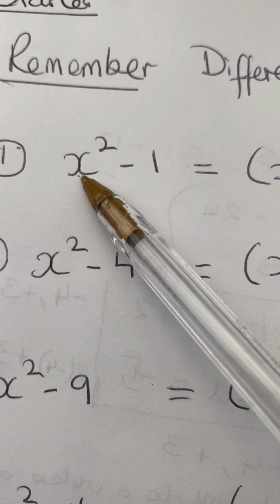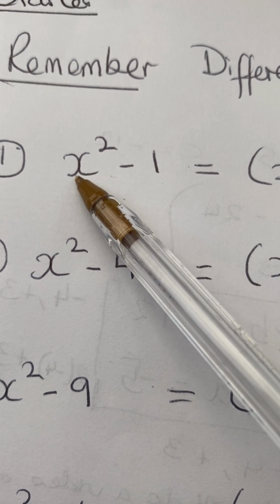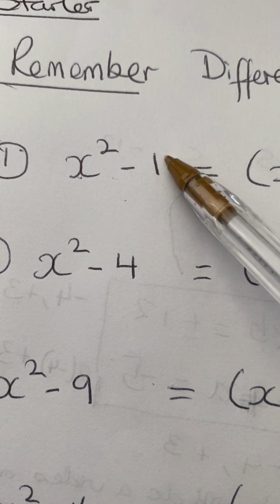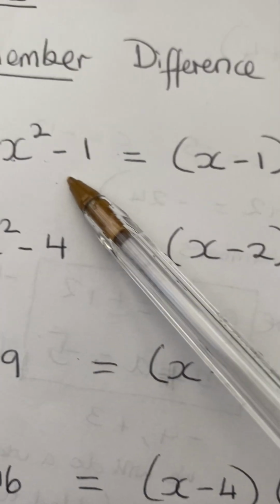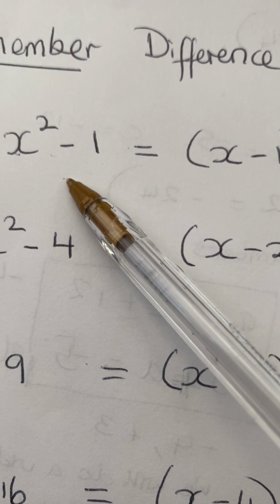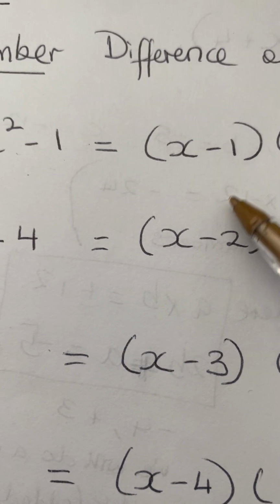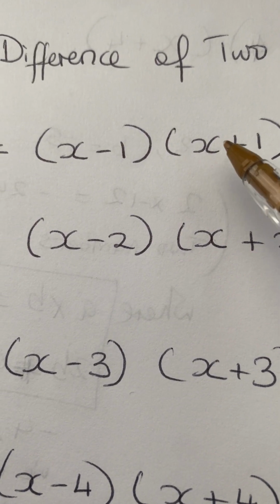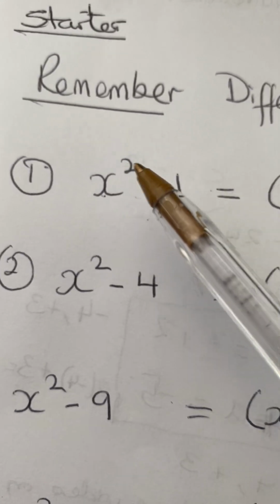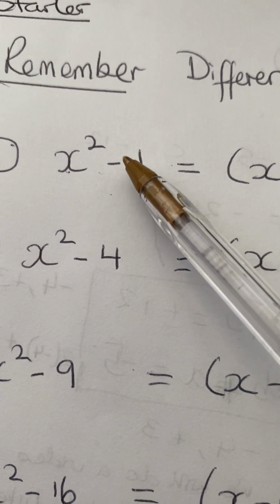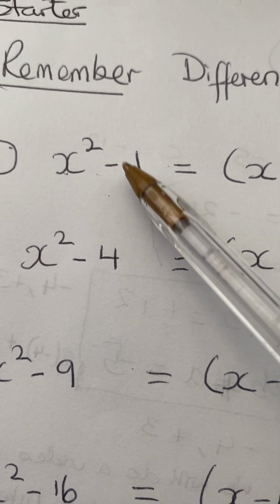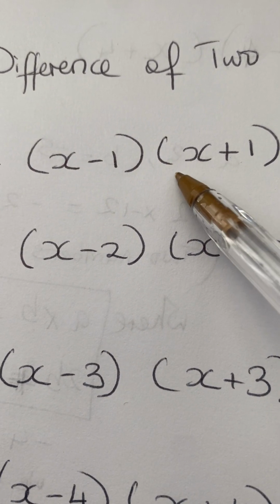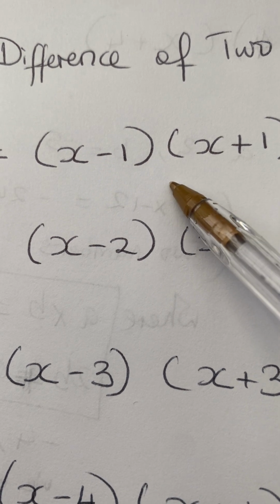So here the root of x squared is x, and the root of 1 is 1. So you have x minus 1, x plus 1. So your ability to see this and know that this is what it comes down to is very important.